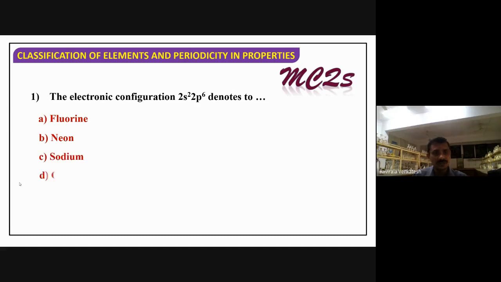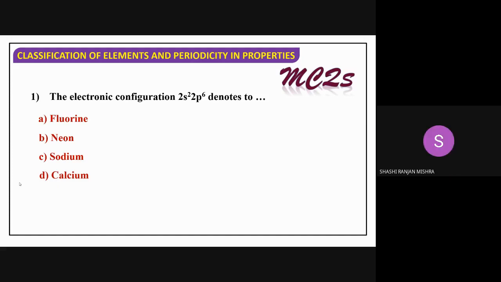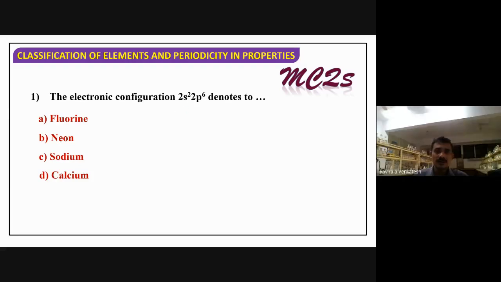Before that, I will ask some questions. Tell me the answer for this one. The electronic configuration of 2s2 2p6 denotes which element? Neon. One thing actually: 1s2, 2s2, 2p6. In place of writing 1s2 every time, you can put helium here also. Putting helium and writing 2s2 2p6 also, we can write like that.